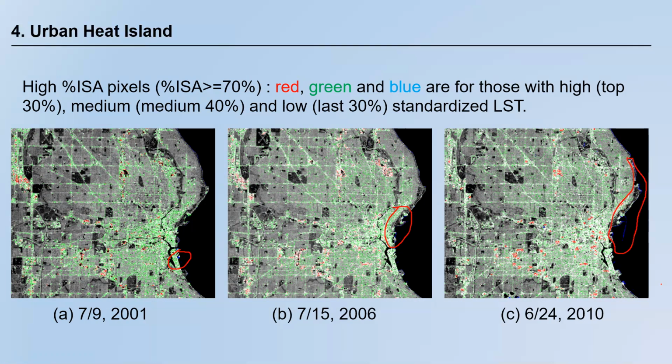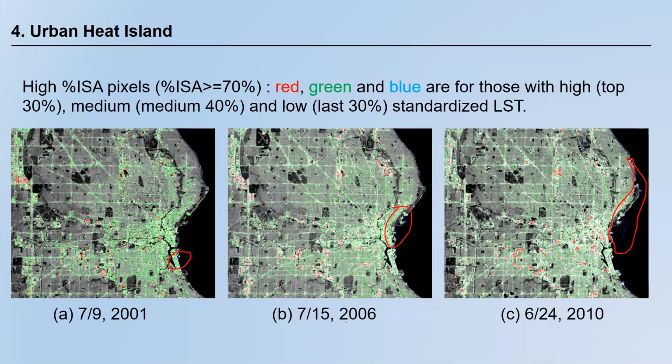So you can see obviously that pixels with different colors have different spatial distributions, right? Green pixels are the majority. They are everywhere, usually along roads, and they are widely distributed within the study area.